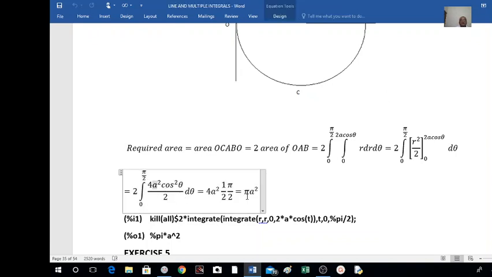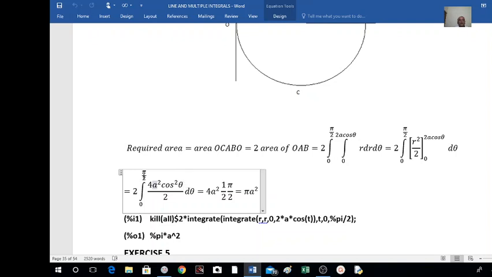You can cancel the 2 into 2 here, and just write 4a square, and here 2 gets cancelled. 4a square is there, integral from 0 to pi by 2 of cos square theta d theta.